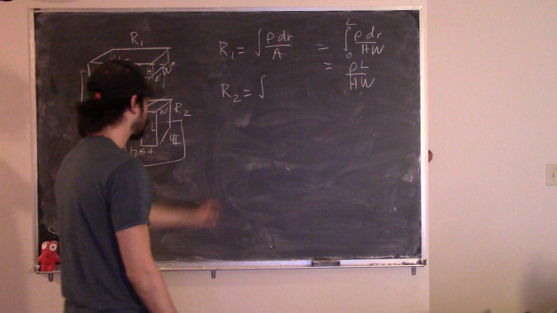We can actually cancel a W. And so what this says is that L squared is going to be equal to 4H squared. And I can take a square root of this. And when I do that, I end up seeing that L is equal to 2 times H. So that's what we were looking for.